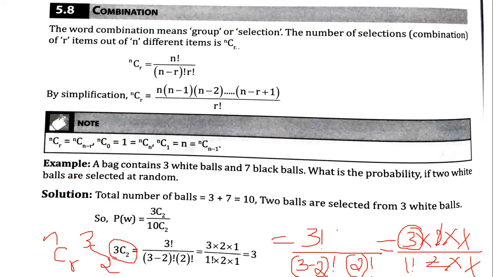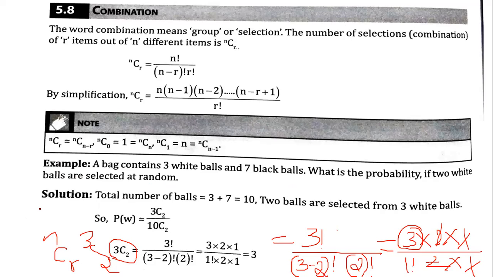Now, listen here. A bag contains 3 white balls and 7 black balls. What is the probability if 2 white balls are selected at random? Randomly we are selecting; we are not selecting purposefully. So they're asking us the probability.